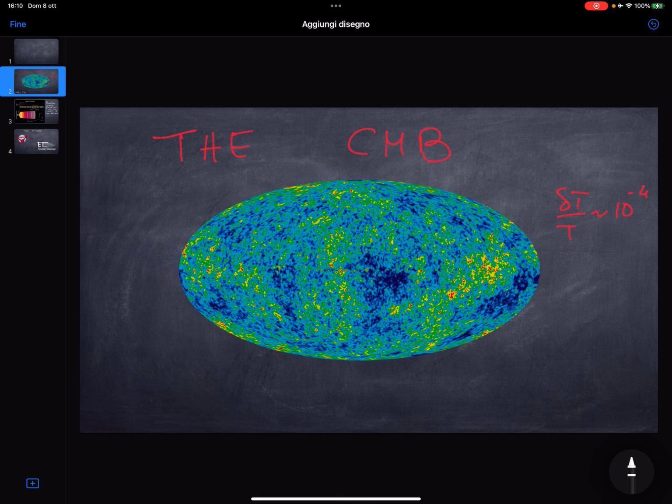But why? The reason why this observation is so important is that it helped scientists to ask other questions, like why we observe this homogeneous background.